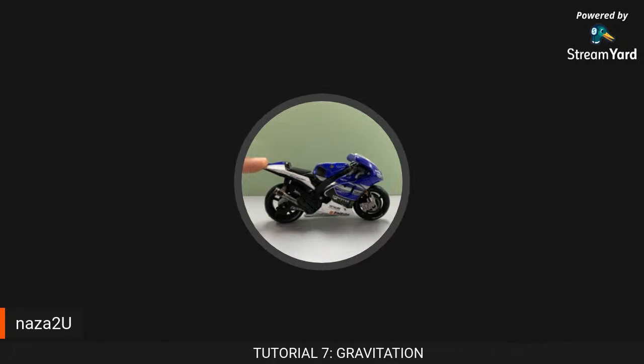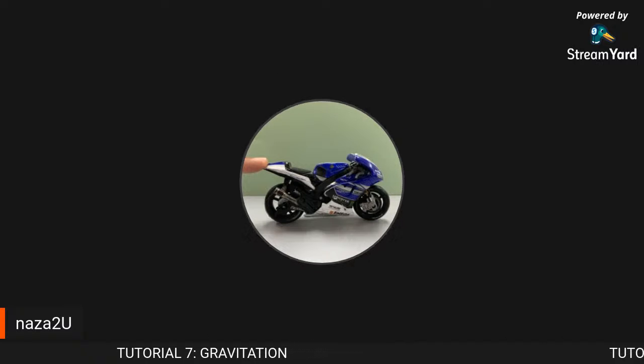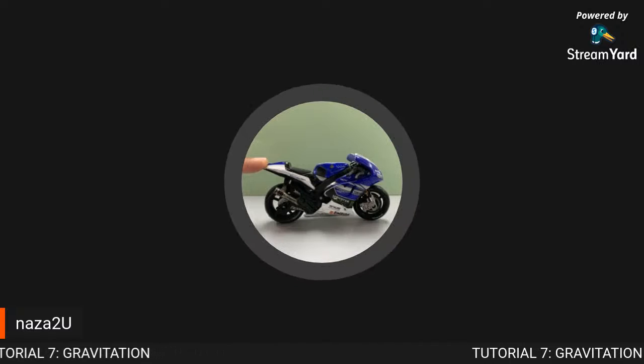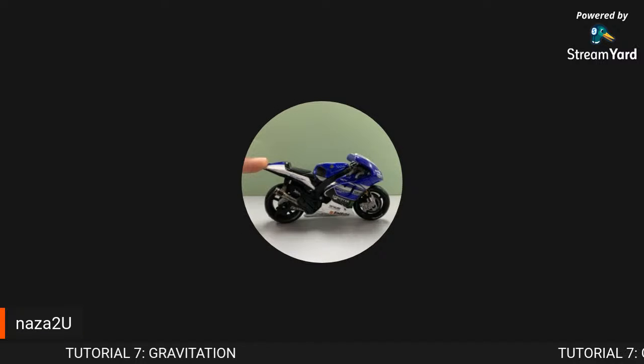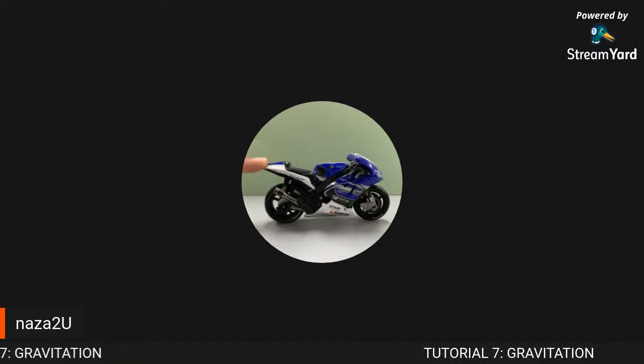Kita malam ni akan bincang tutorial 7, Gravitation.